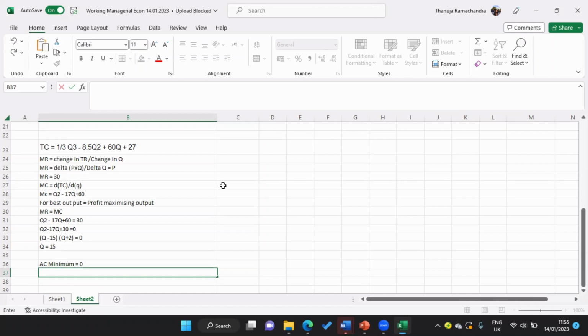What is the average cost? It is TC divided by Q, isn't it?